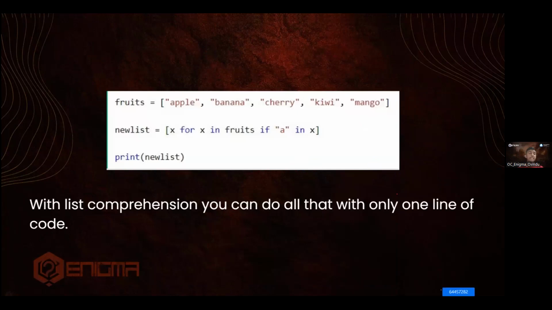It is exactly the same functionality. So what we do is for x in fruits, if a is an element of x, we include x in this new list. So this list comprehension is a very simple yet very elegant way of constructing lists.